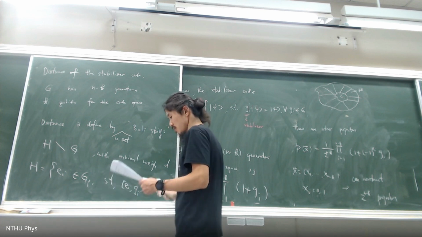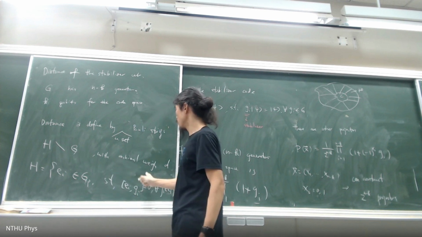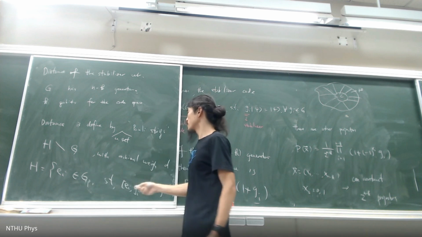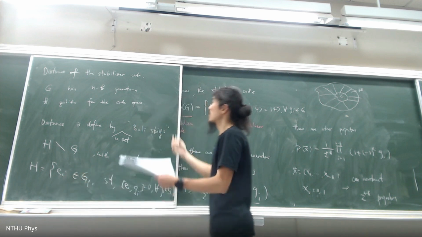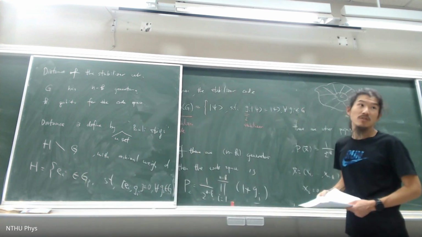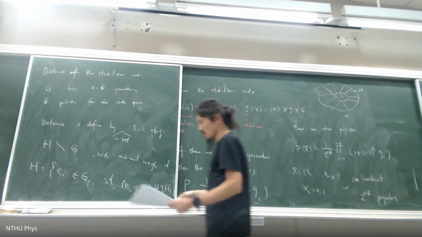This is the setup, and the minimal weight of this set is the definition of the distance of this stabilizer code. So we can use one example.